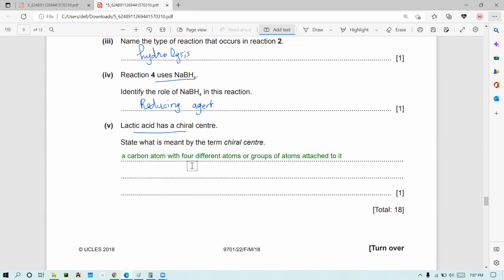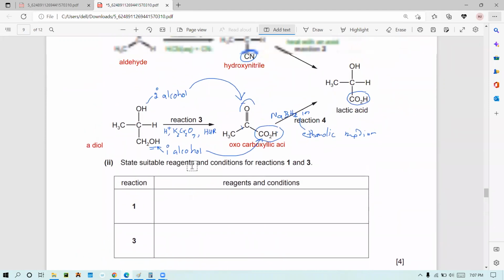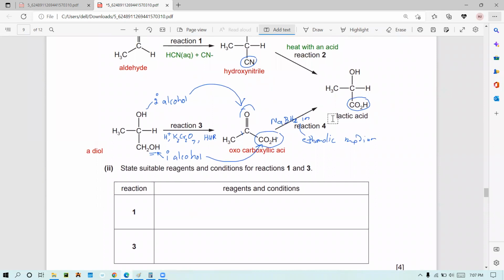It is not asked in this question, but in certain question papers, we are expected to draw optical isomers also. Now, if I go to lactic acid, this lactic acid is an optically active molecule. We can draw the non-superimposable mirror images, in other words, optical isomers for this lactic acid.